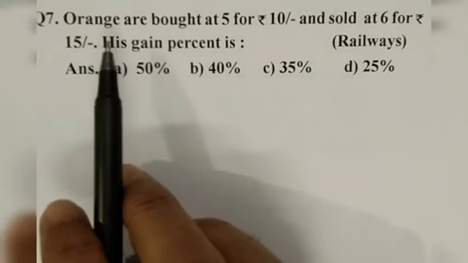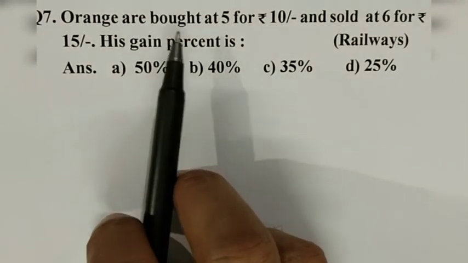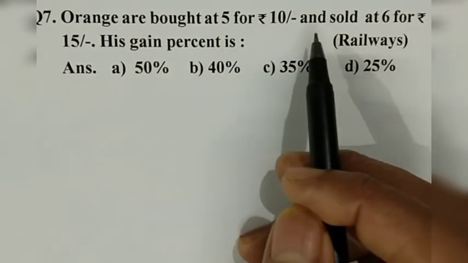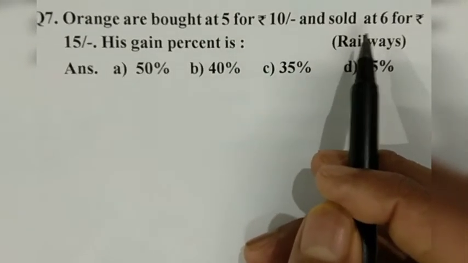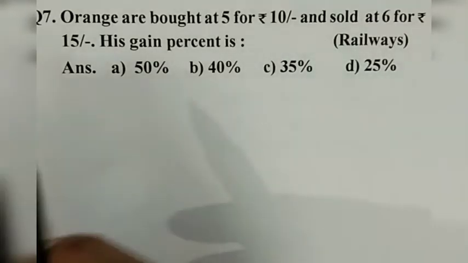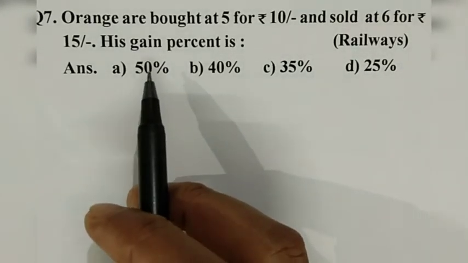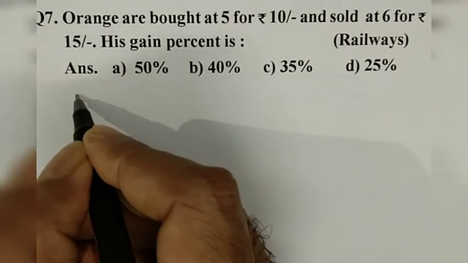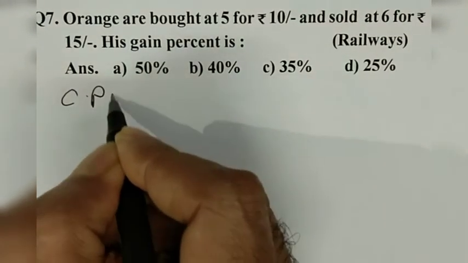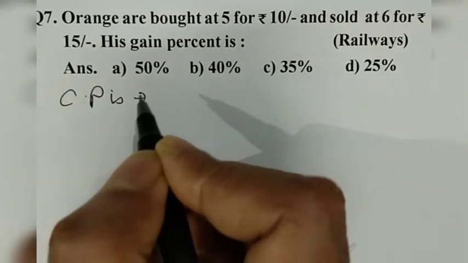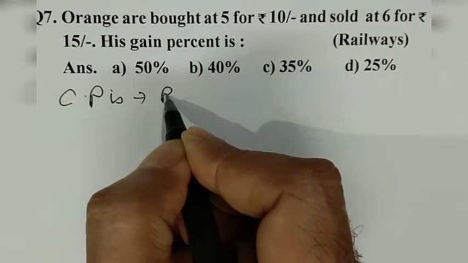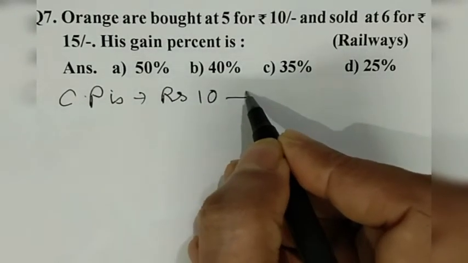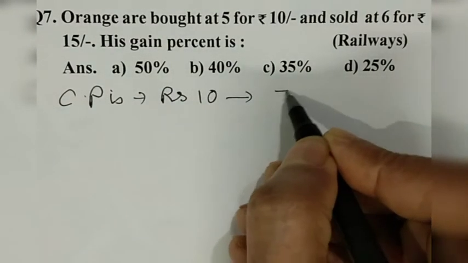Number 7. Oranges are bought at 5 for rupees 10 and sold at 6 for rupees 15. His gain percent is, cost price is rupees 10, oranges 5.